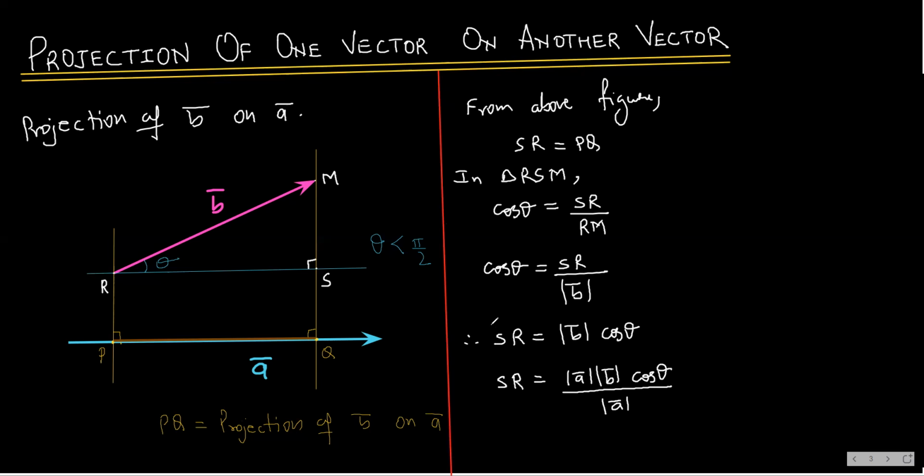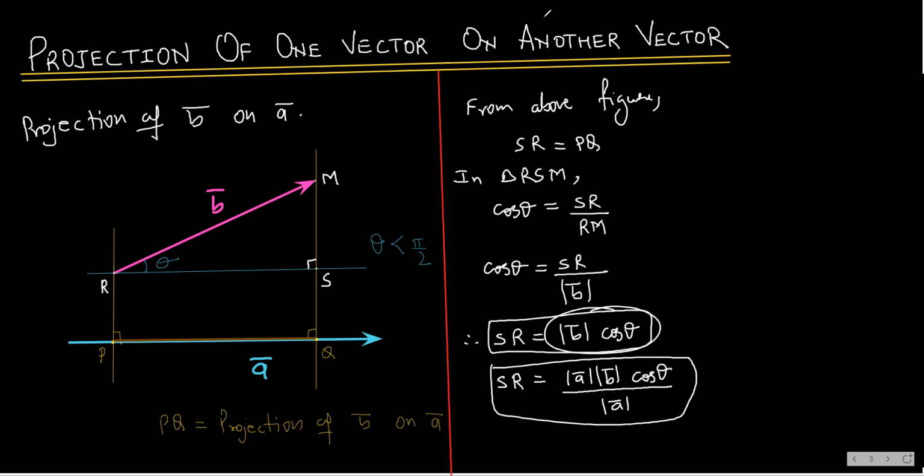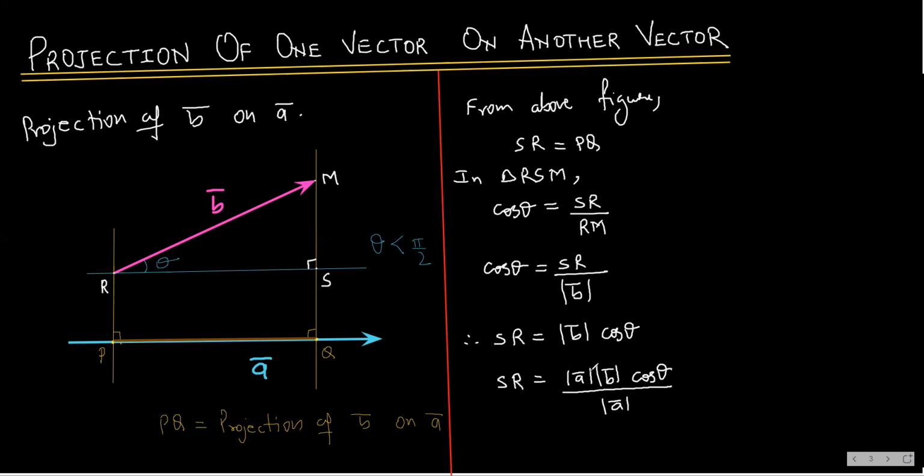So this equation and that equation are the same, only on the right hand side we are multiplying mod A bar in numerator and denominator. Therefore SR equals mod A bar mod B bar cos theta, which is A bar dot B bar, upon mod A bar. What is the numerator? We already know the definition of the dot product of two vectors: mod A bar mod B bar cos of theta, where theta is the angle between the two vectors. This theta happens to be the angle between B bar and A bar.